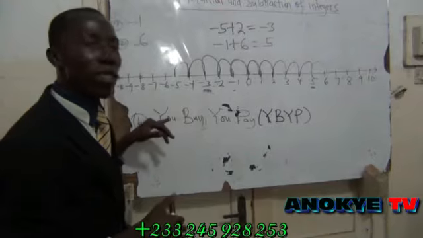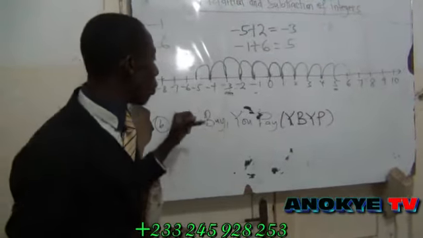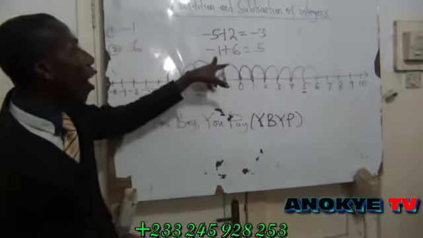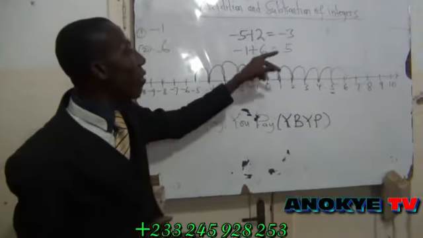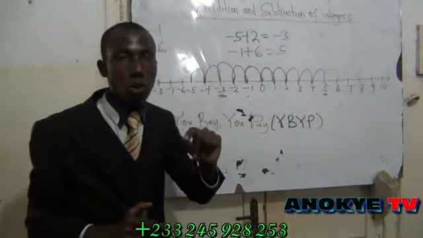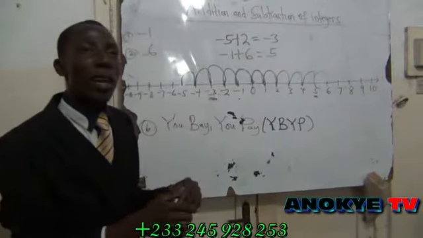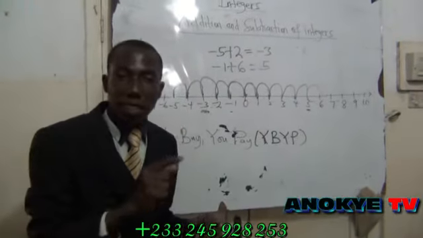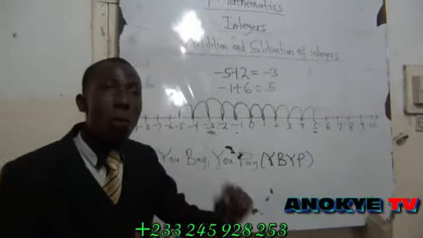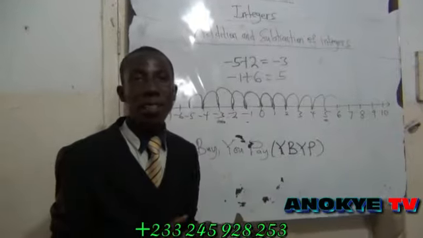Now, let's use the second method, which is you buy, you pay. Now, I owe 1 Ghana cedi, and I have given 6 Ghana cedis to the seller. Now, if I owe 1 Ghana cedi and I pay 6 Ghana cedis, the woman will give me a change of 5 Ghana cedis.